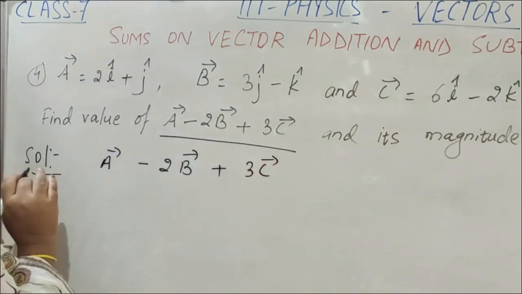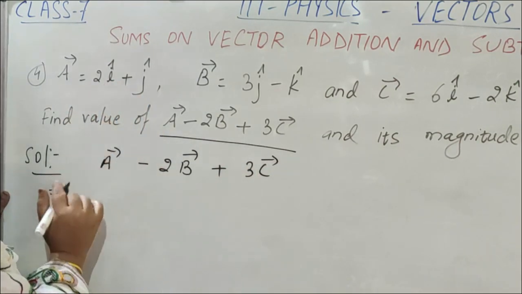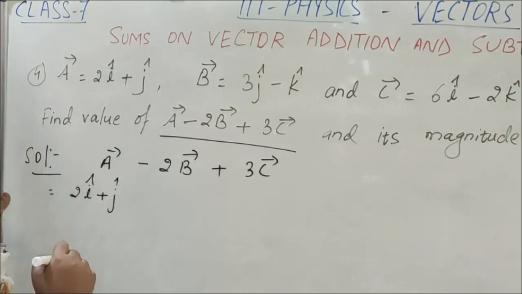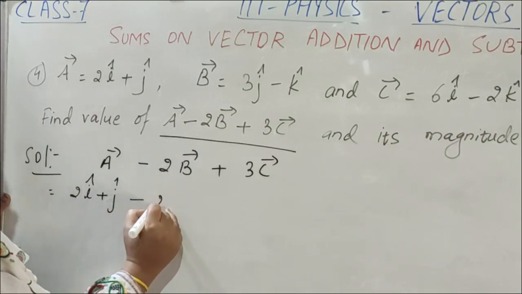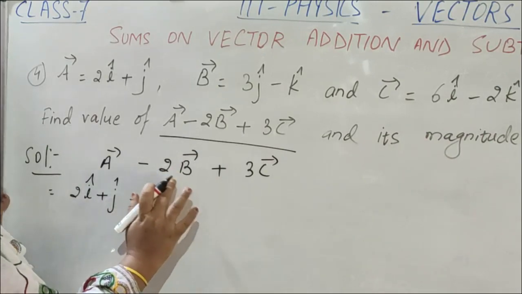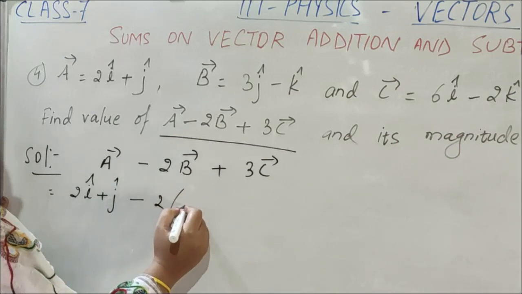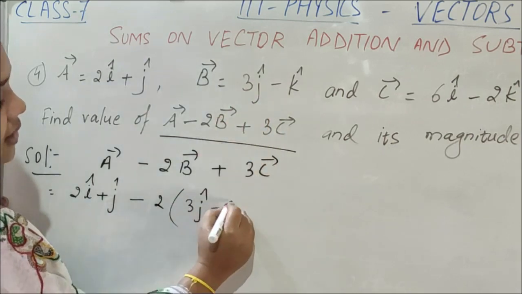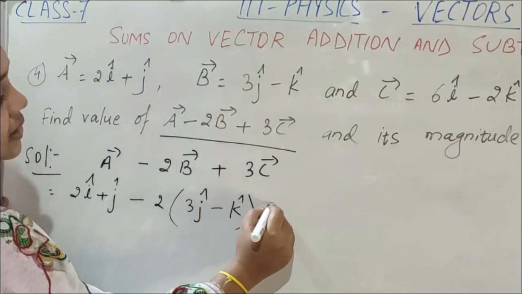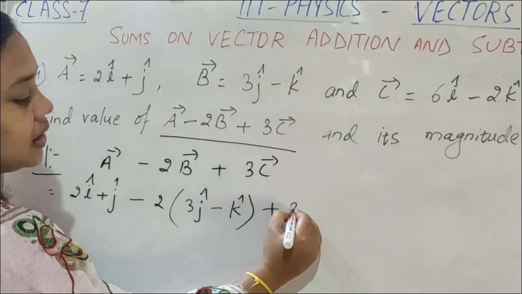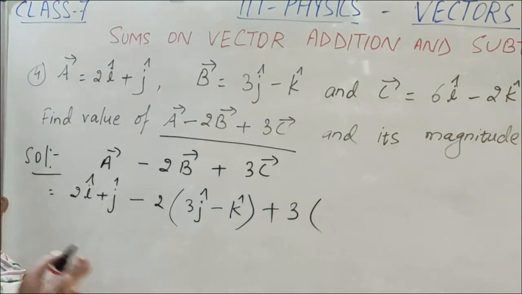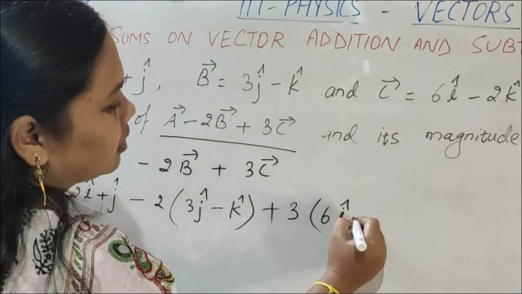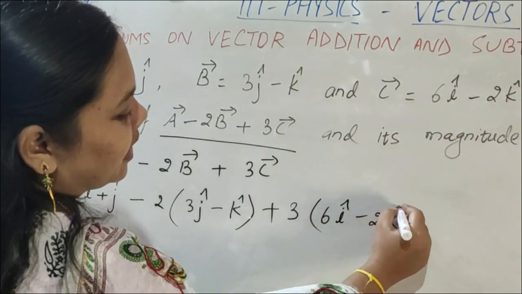So first of all, vector A. What is vector A? 2i cap plus j cap, minus 2B vector. So minus 2 into B vector. B vector is what? 3j cap minus k cap, plus 3C vector. So 3 into C vector. What is C vector? 6i cap minus 2k cap.